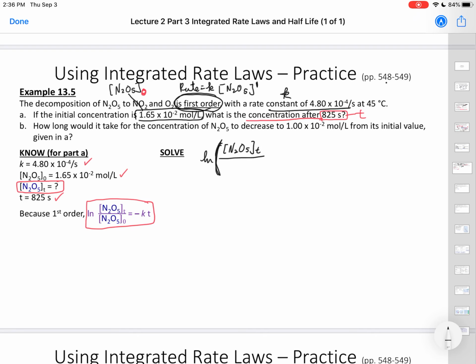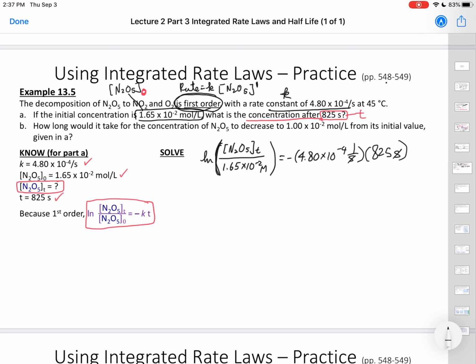We do know the initial concentration is 1.65 times 10 to the minus 2 molar, okay? Equals minus k, which is 4.80 times 10 to the minus 4, 1 over seconds. And my t is 825 seconds, okay? My seconds do cancel out, okay?